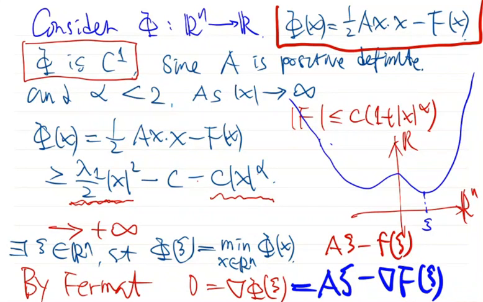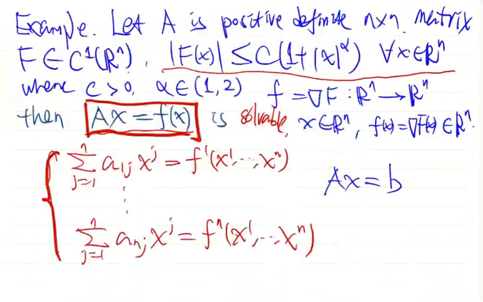This means Ax_c equals f(x_c), and this means that this minimal point x_c is a solution of our nonlinear equation Ax = f(x). So this proves our conclusion that under our assumptions, this system of algebraic equations has at least one solution.